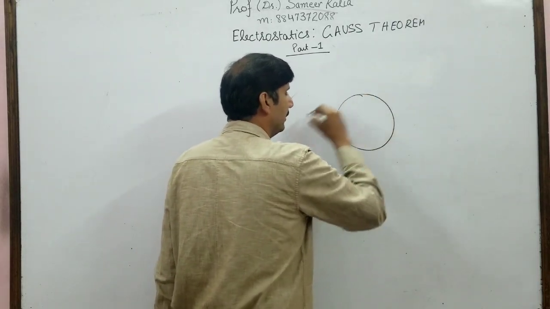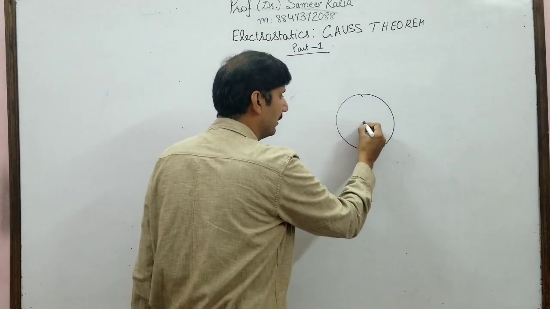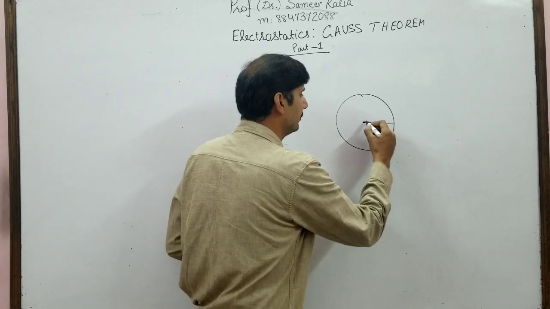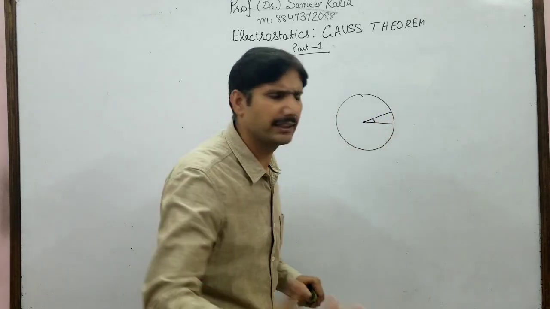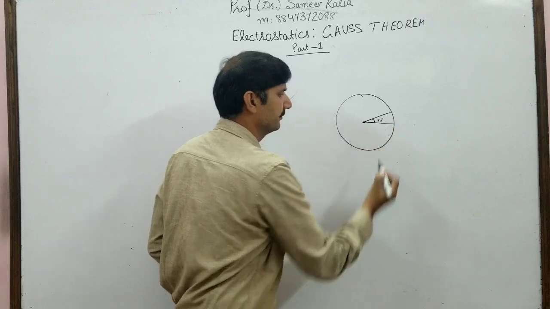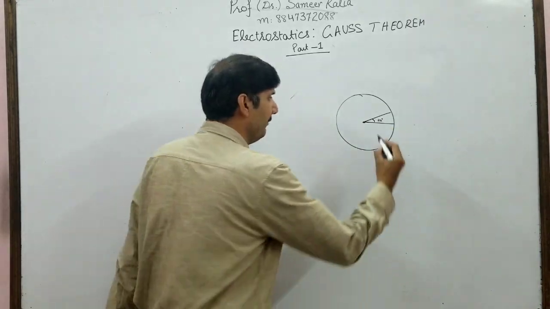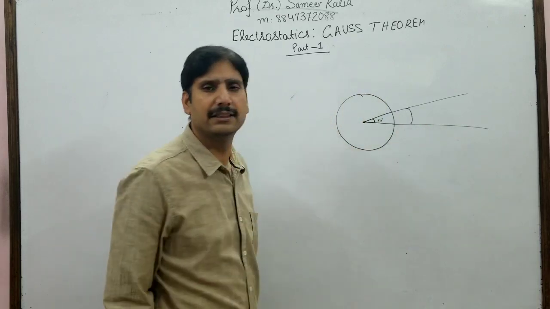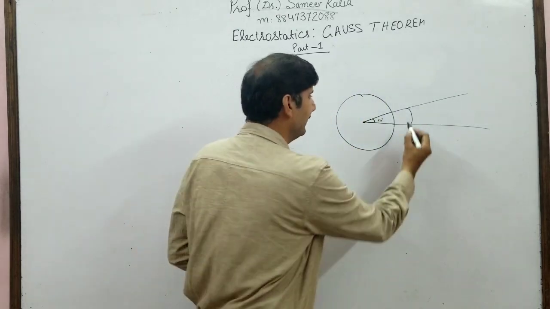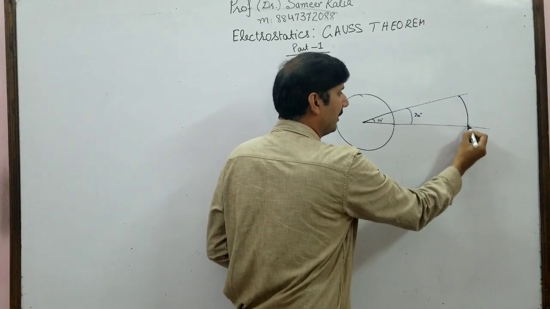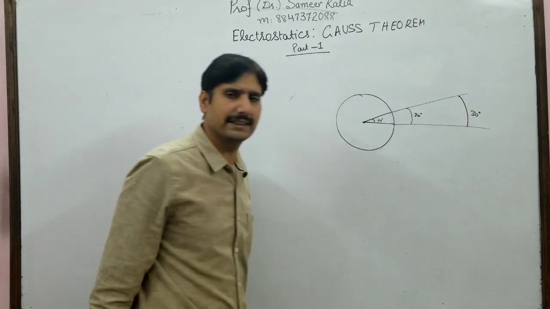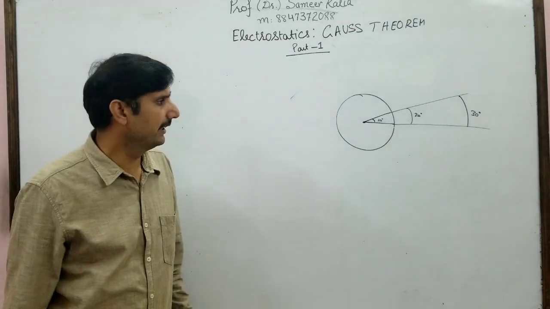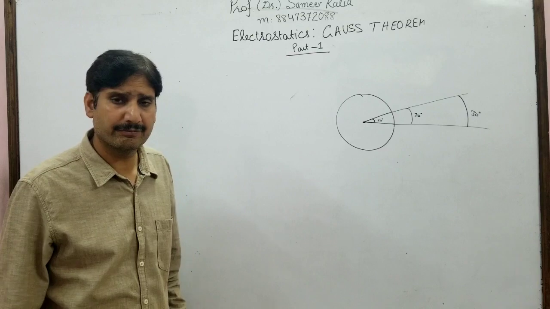This is a circle, and let's assume that this angle is, just for the sake of an example, 30 degrees. What if I extend it? What would be this angle? You already know it would always remain 30 degrees. No matter how far away I go, I'll always get 30 degrees as long as the lines go on extending themselves in the same direction.